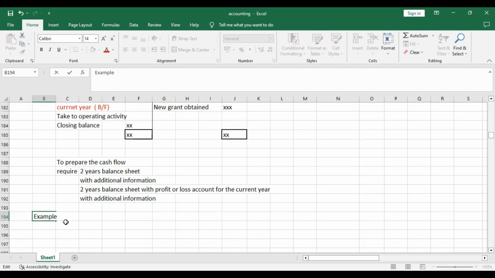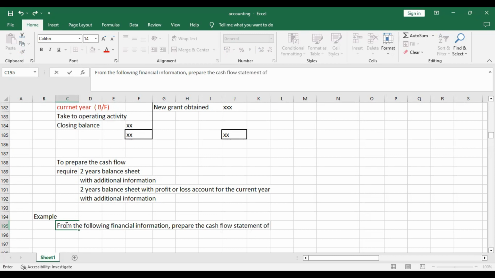So when you construct it from the following financial information, prepare the cash flow statement of XYZ Limited as at 31st December 2022.